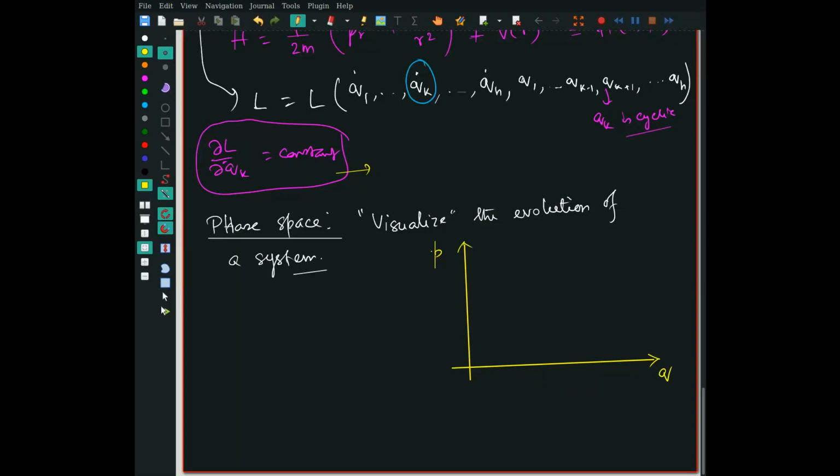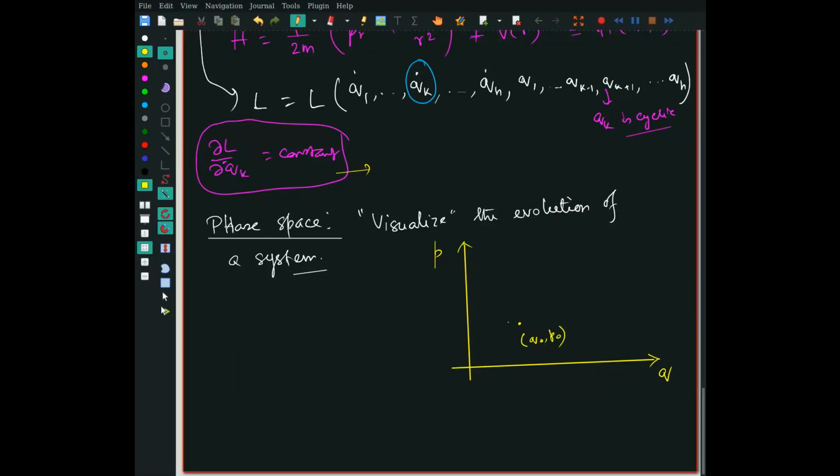Suppose at time t0 the particle, and I consistently talk about a particle, but by particle I mean any system that can be described by such a generalized coordinate and momentum, had a momentum p0 and coordinate q0. So p0, q0 represents a point here, given by q0, p0.